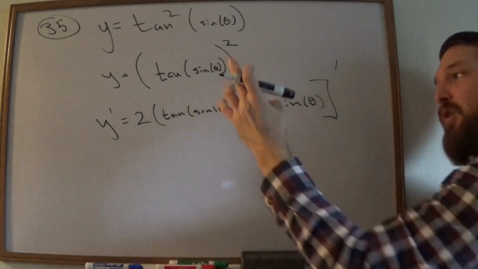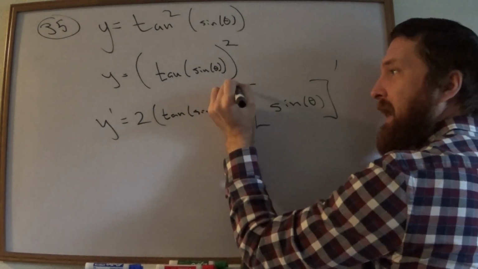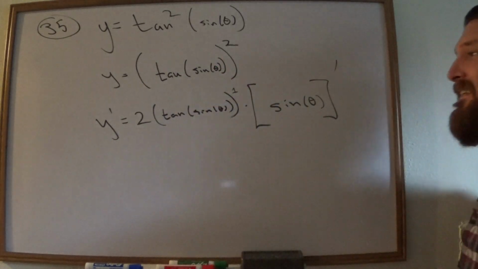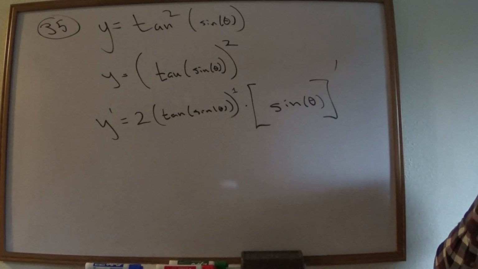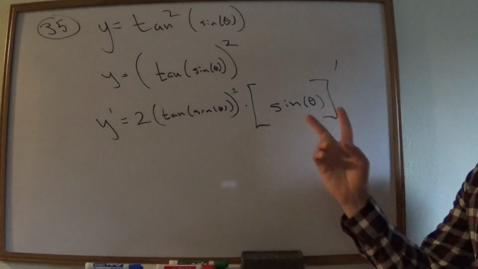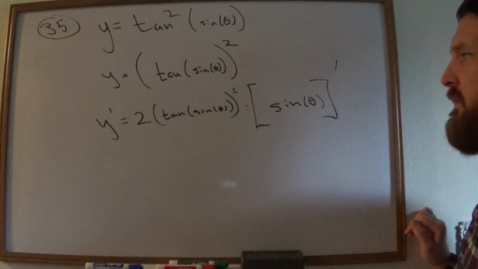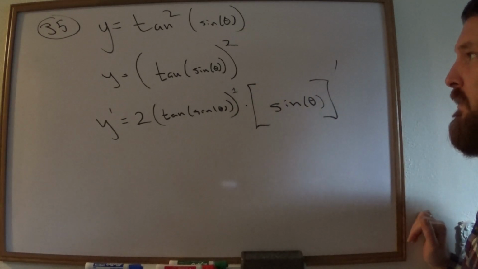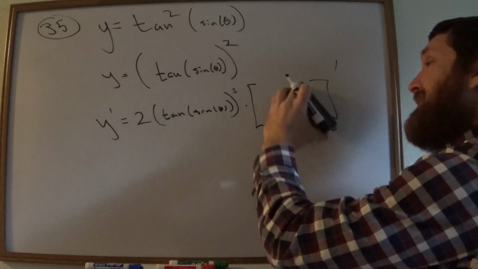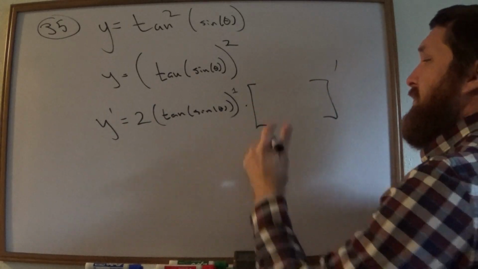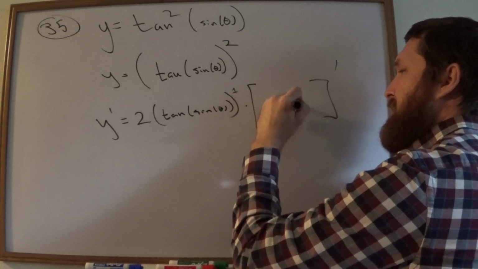Good catch, that is a 1. Then the inside stuff is tan, yes, thank you. You both get points. That's excellent. Tan of sine theta.